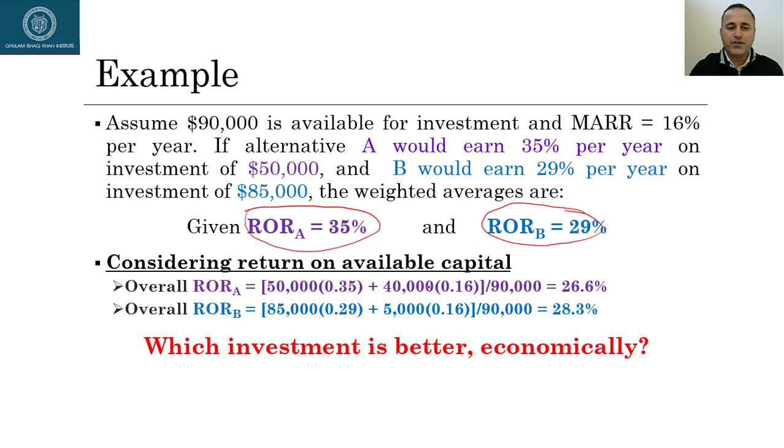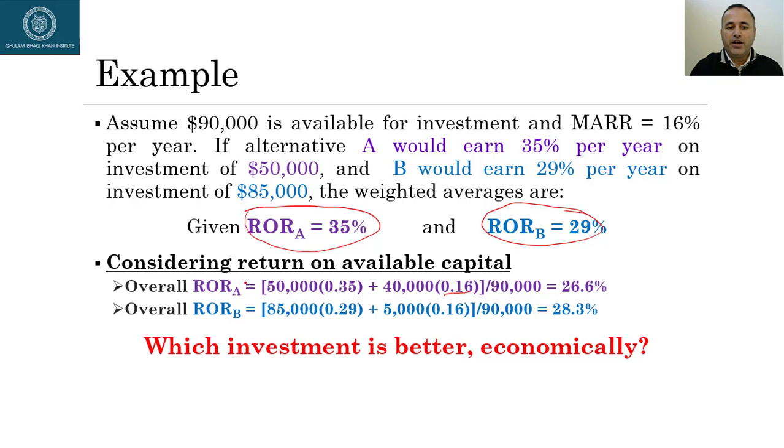But if we are considering the overall return of project A, and by overall return we mean that we are utilizing the available capital, so we invest whatever is required in project A, and the remaining we invest at MARR.